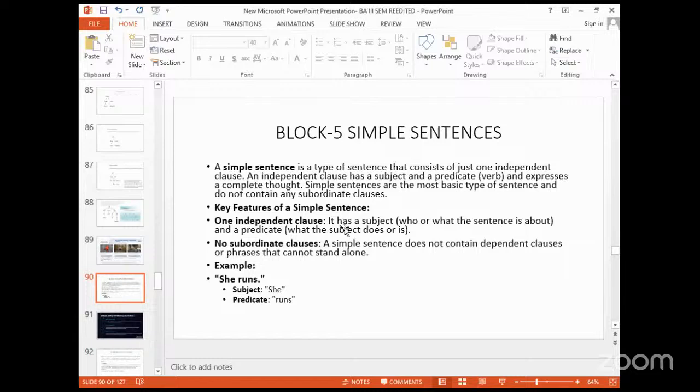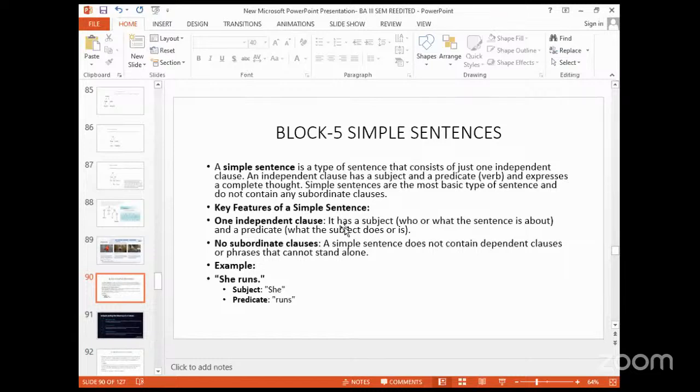So a simple sentence is a type of sentence that consists of just one independent clause. An independent clause has a subject and a predicate. And please remember, this is the difference between a phrase and a clause: a clause has a verb, whereas a phrase doesn't have a verb.